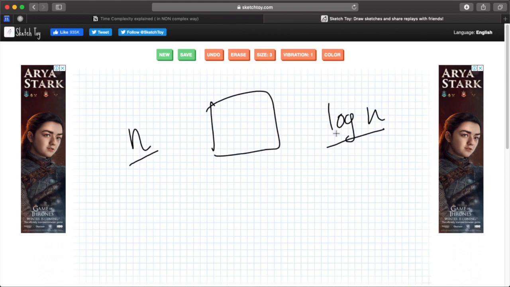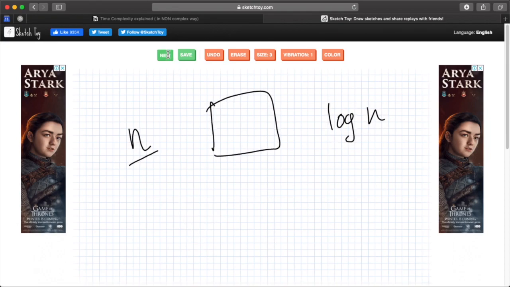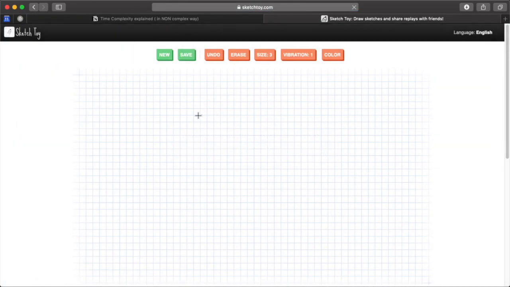We want to make somewhat of a logarithmic function here because that way, as the input grows, the time it takes is less and less. This is a logarithmic function, and that's why I'm going to give you a refresher on what a logarithmic function is.